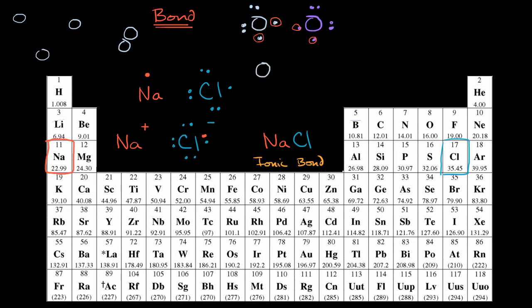You have your oxygen on the left, you have the oxygen on the right, and the way we show 2 electrons that are being shared, let's say these 2 electrons are being shared, is just a line like this. This shows that there are 2 electrons that are being shared by these 2 oxygens. And let's say that these 2 electrons are also being shared.